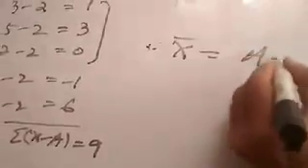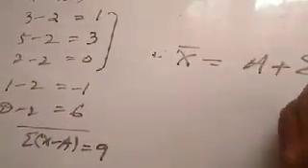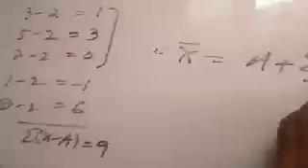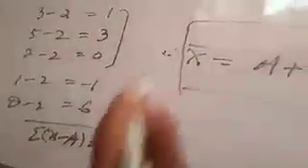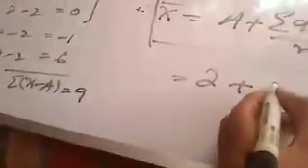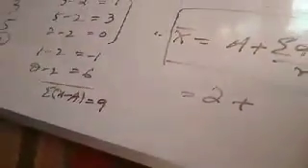Now I will find x bar equal to a plus summation dx by n. This is the formula for finding the mean by the shortcut method, in case of individual series. So here a, I have assumed it as 2, plus summation dx by n. I have already told you that dx is equal to x minus a.